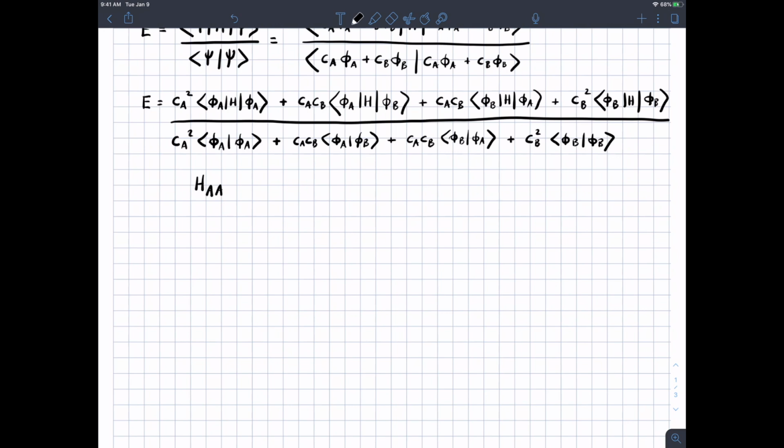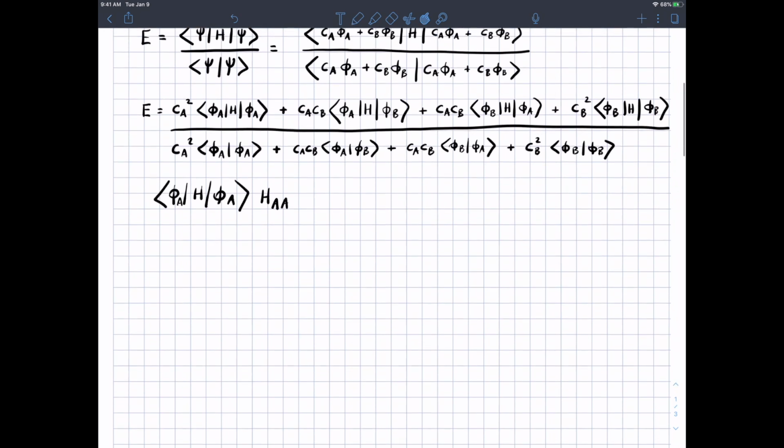So we're going to define this term, the Hamiltonian applied to wave function A, multiplied by wave function A, and then integrated over all space.